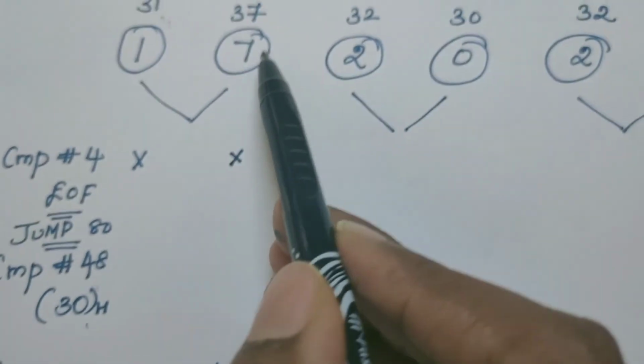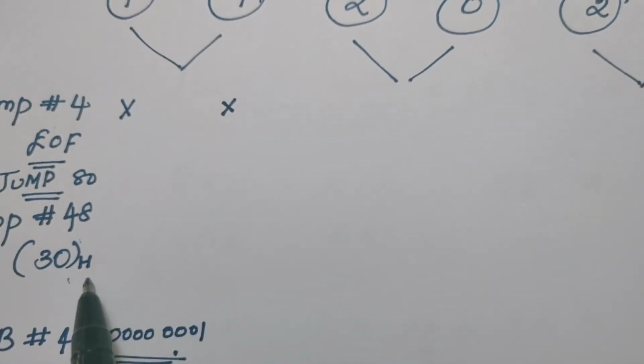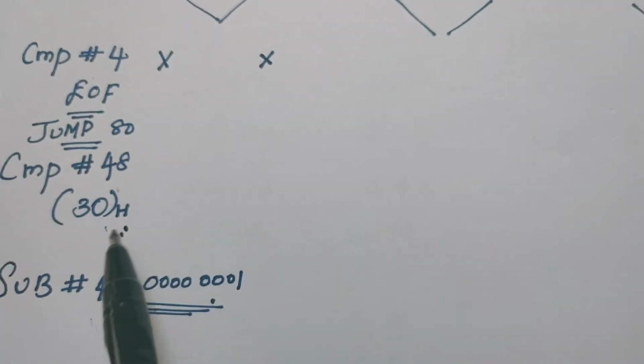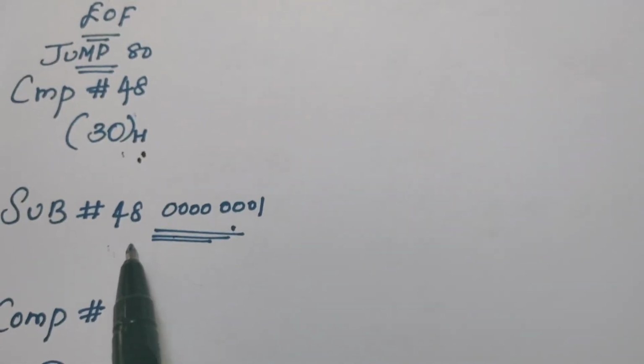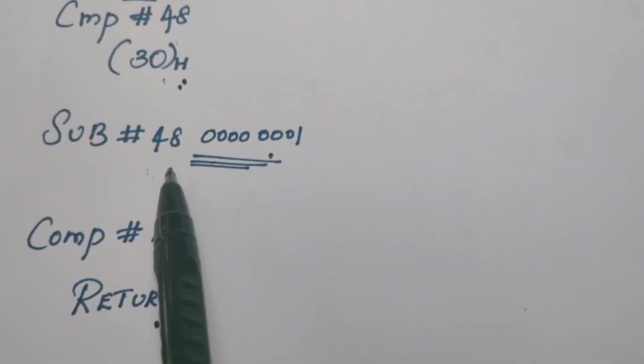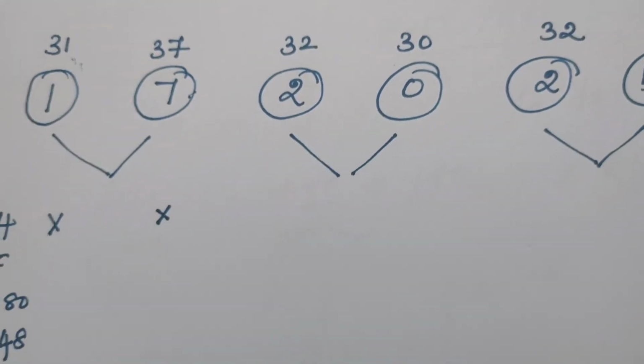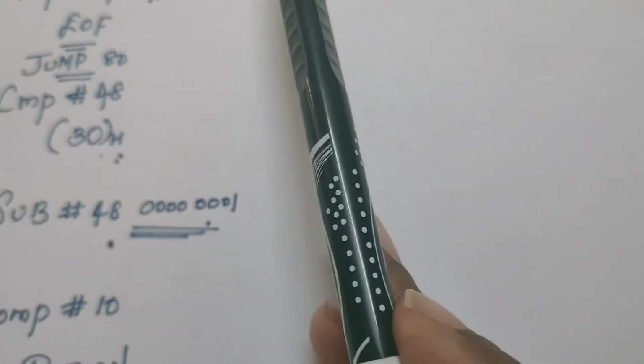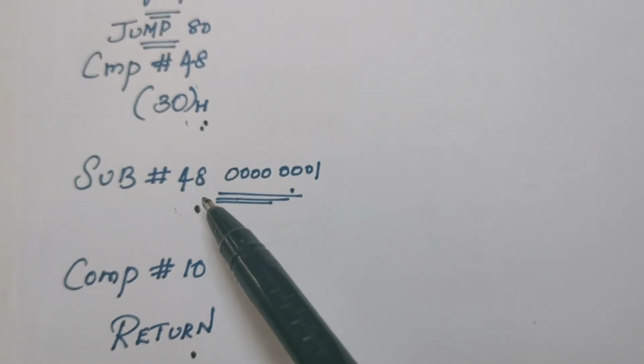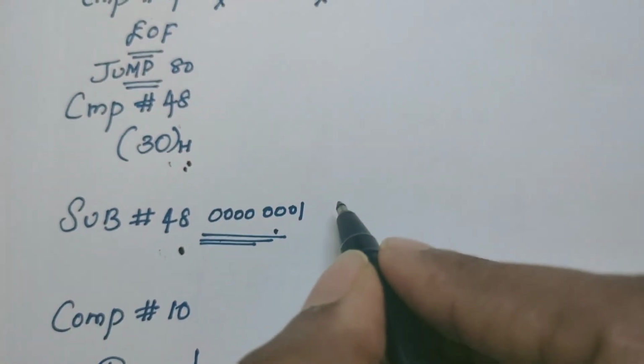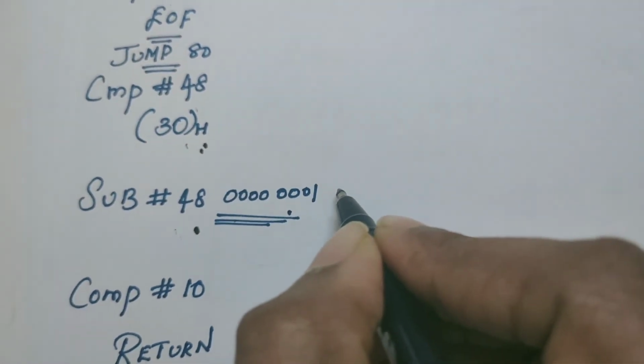Now the object code value is greater than this. If so, you have to subtract hash 48. If you subtract hash 48, it means you have to perform 37 minus 30. The 37 ASCII value is in hexadecimal. The hexadecimal equivalent of 48 is also 30. If you perform 37 minus 30, the value is 7.